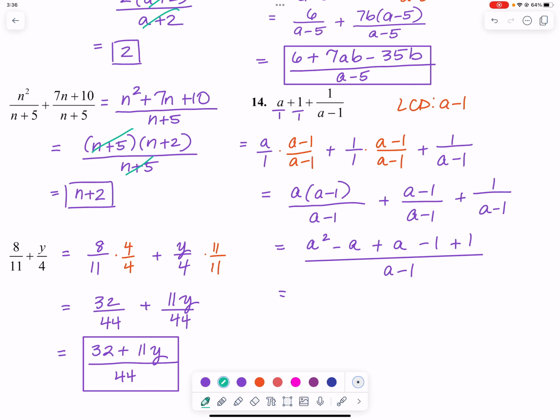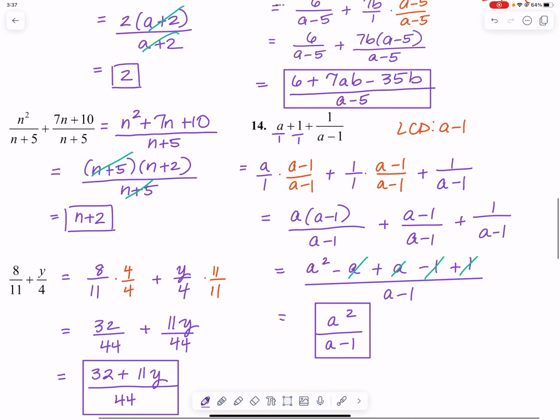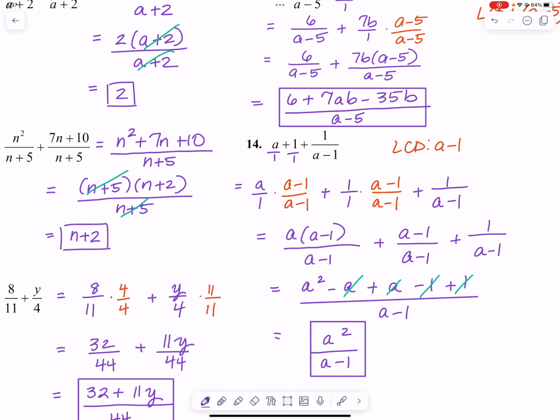And as you can see, our a's cancel, and so do our 1's, and we end up with a squared over a minus 1. And that concludes this worksheet.